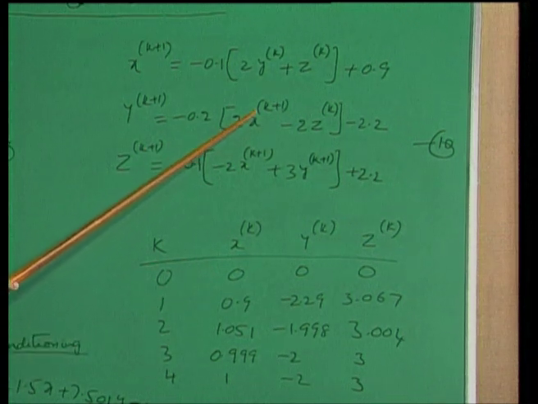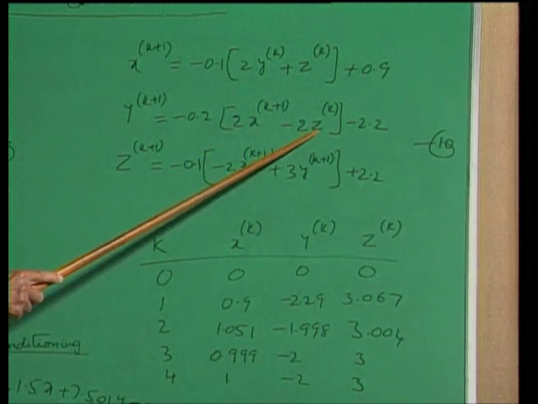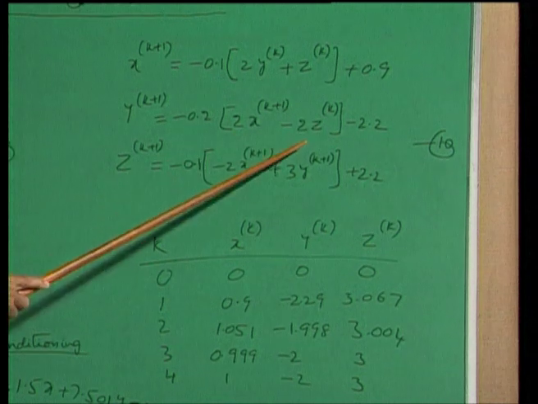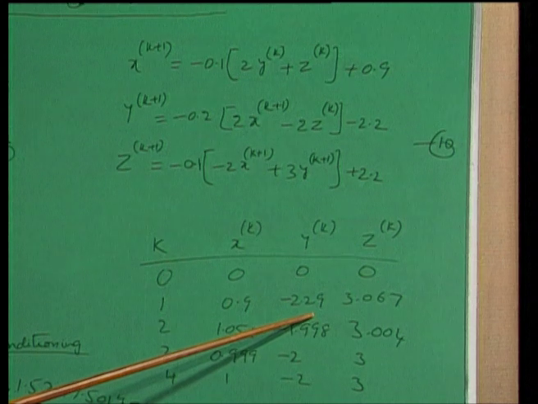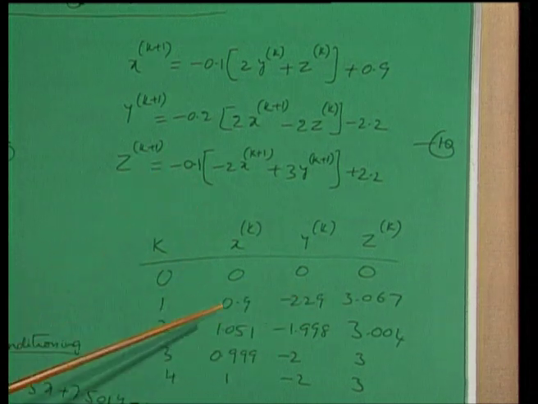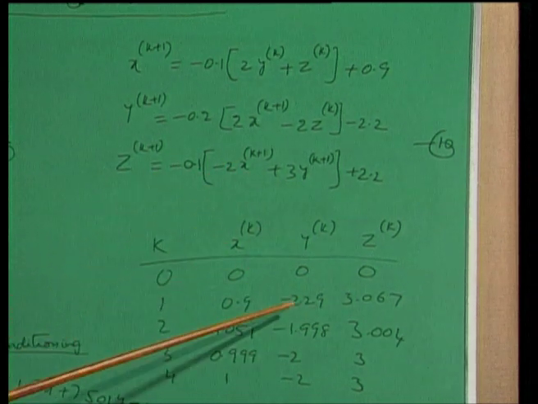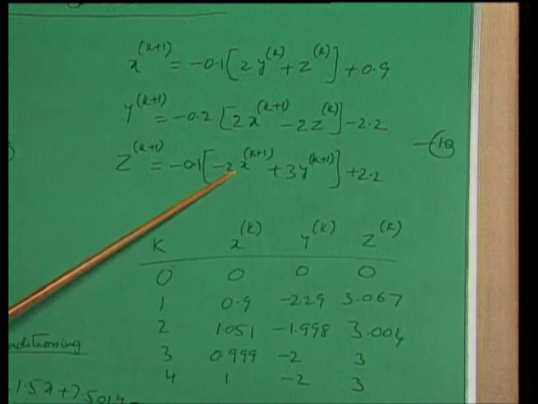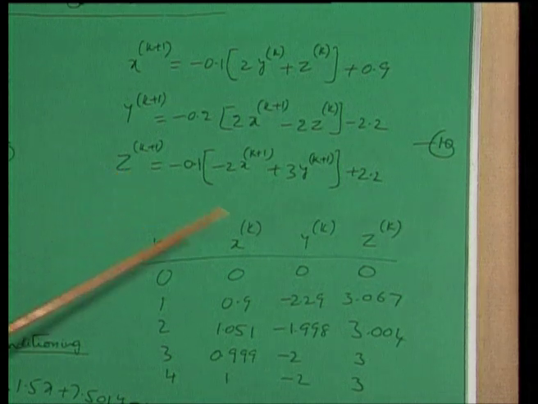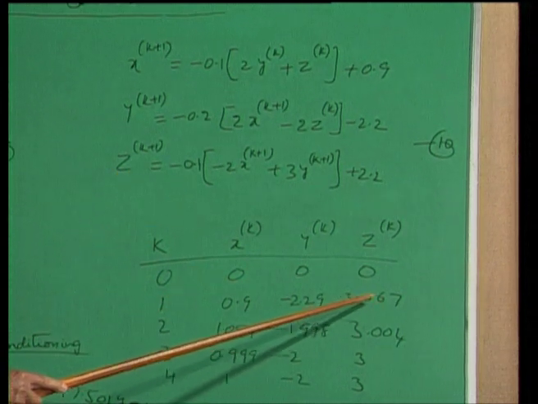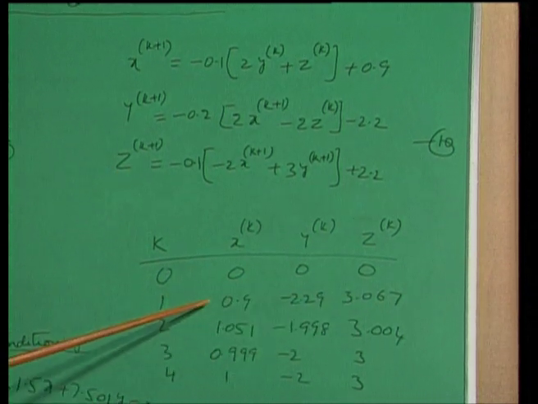We use that x value 0.9 and the previous value of z, namely 0, in the second equation, and thereby obtain y1 as minus 2.29. And using x equal to 0.9 and y equal to minus 2.29, the better values, in the third equation, we will get the z value, which is 3.067. So these are the first iteration values here.